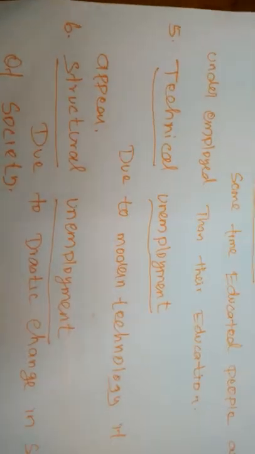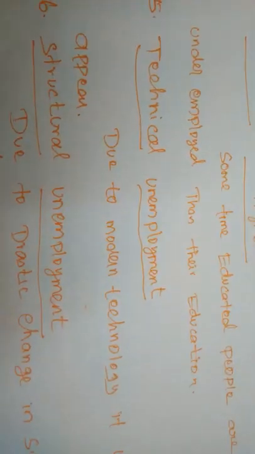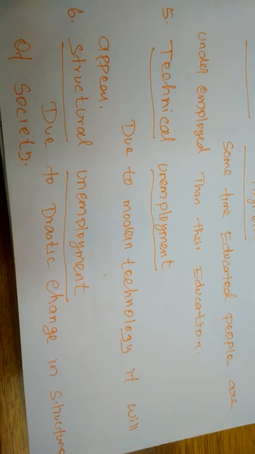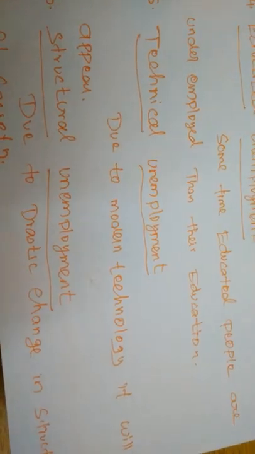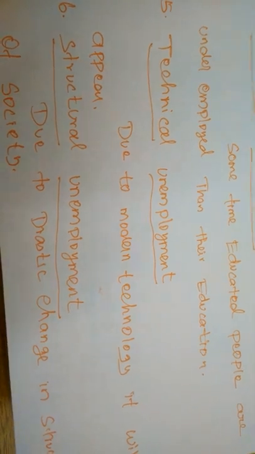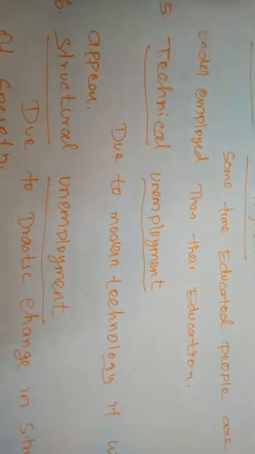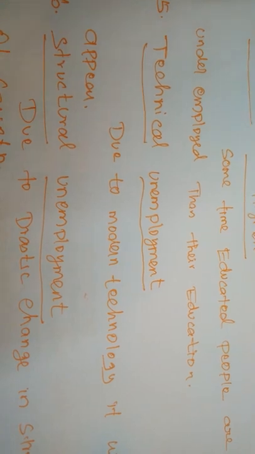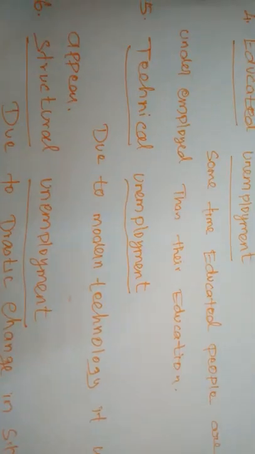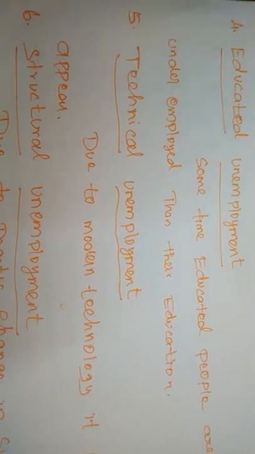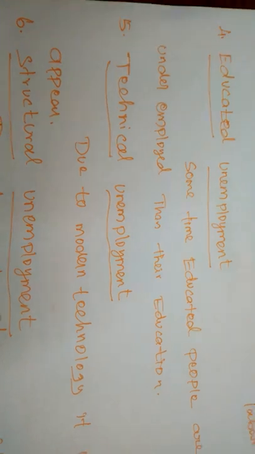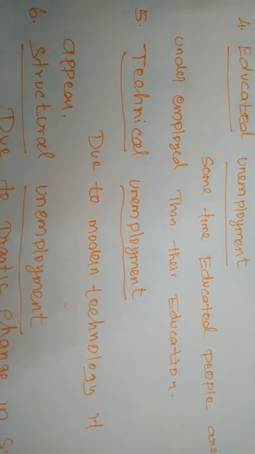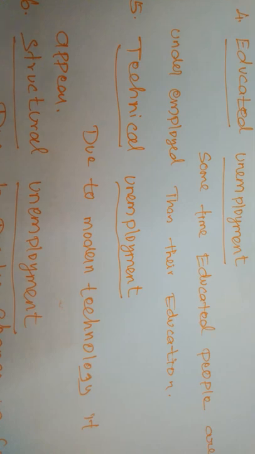Next, technical unemployment. Due to modern technology, this type of unemployment problem will appear. Nowadays many initiatives are taken by entrepreneurs, so the contribution of technology is highly required in all industries. Whenever technology increases, some laborers will lose their employment opportunity, because one machinery does work that is otherwise done by labor.